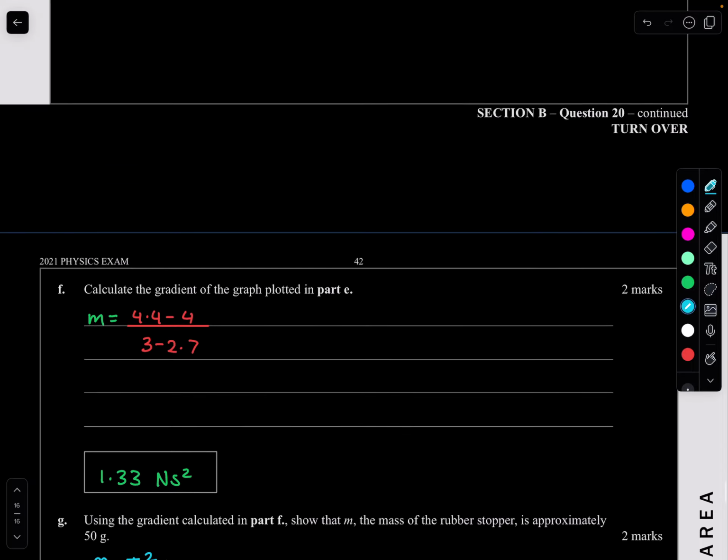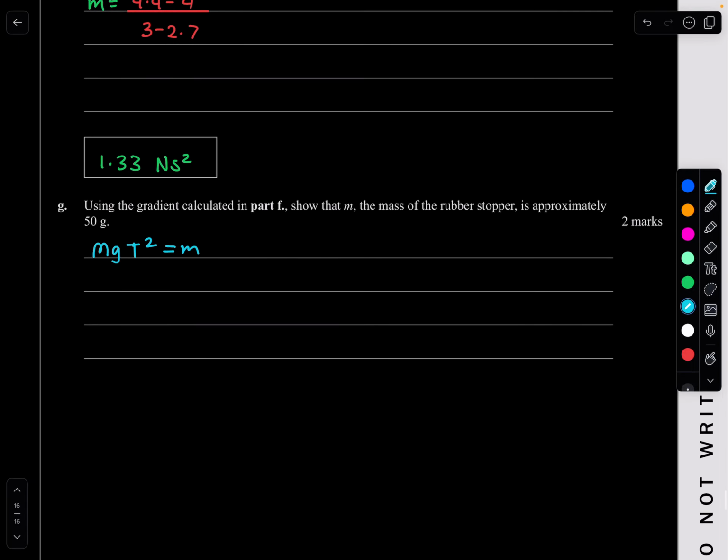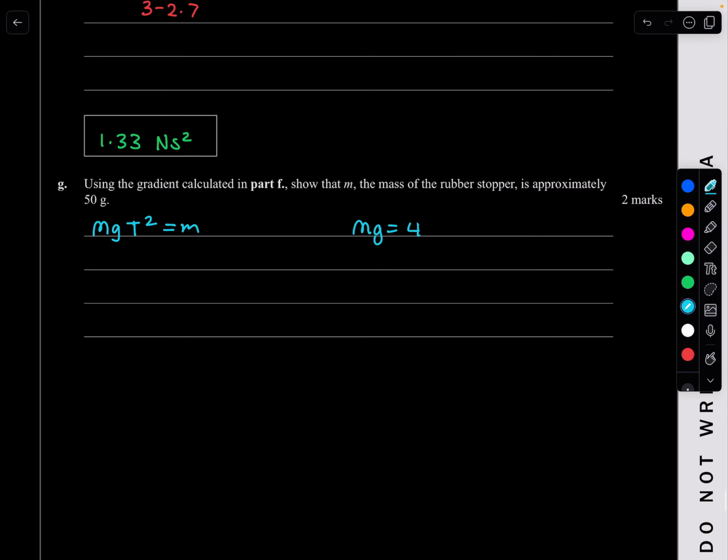Going back to that formula, what was our formula? Oh, 4 pi squared rm over t squared. If I multiply both sides of this formula by t squared, I get rid of the t squared here, and I actually get it over here.